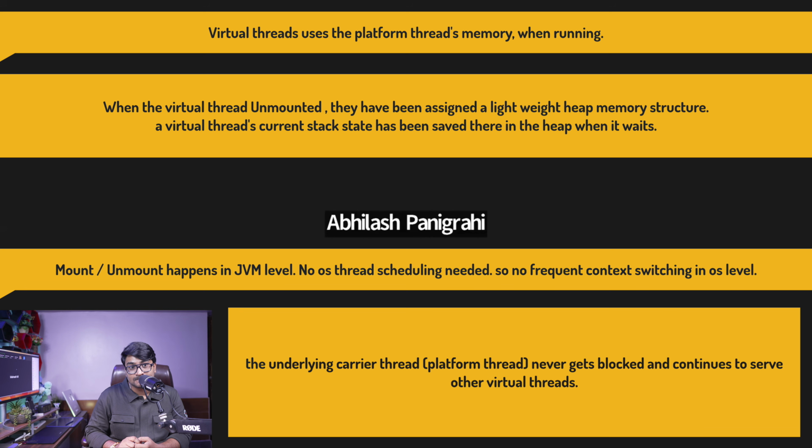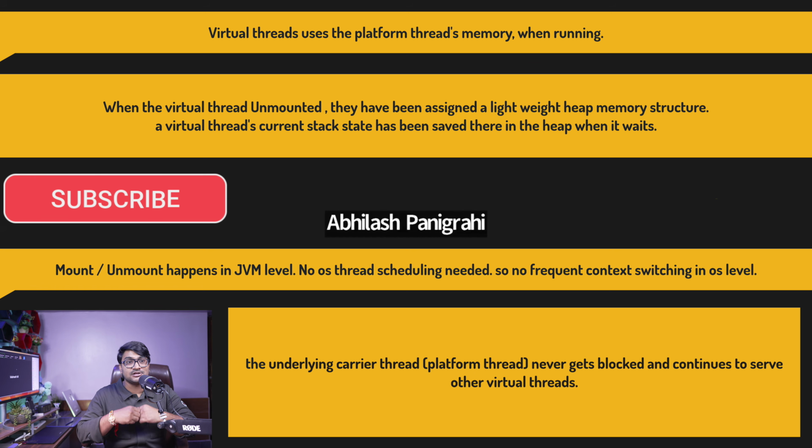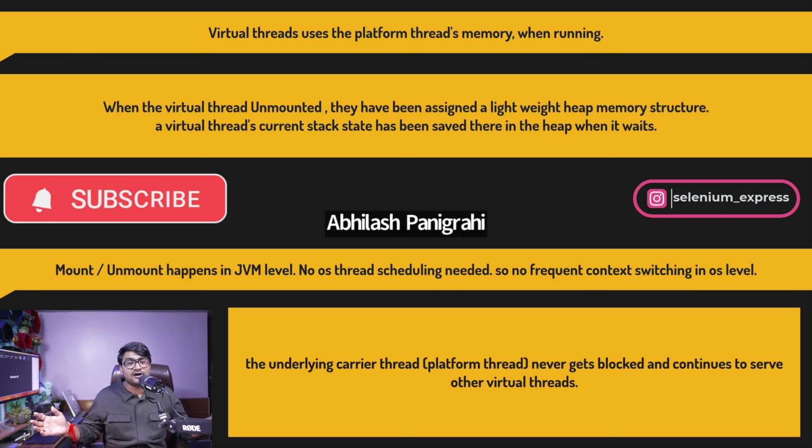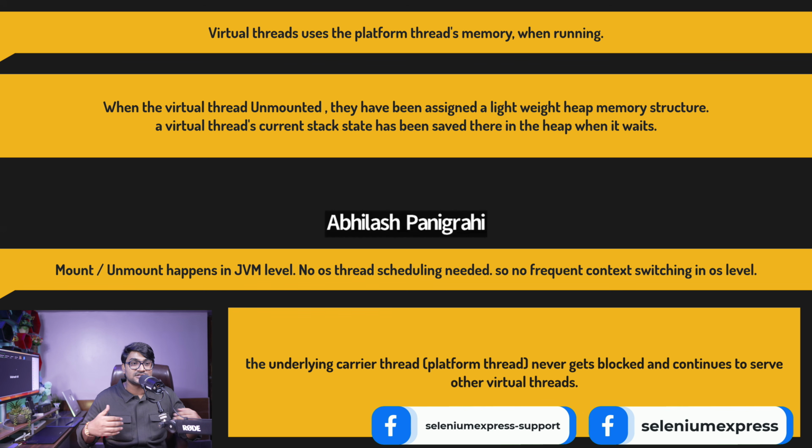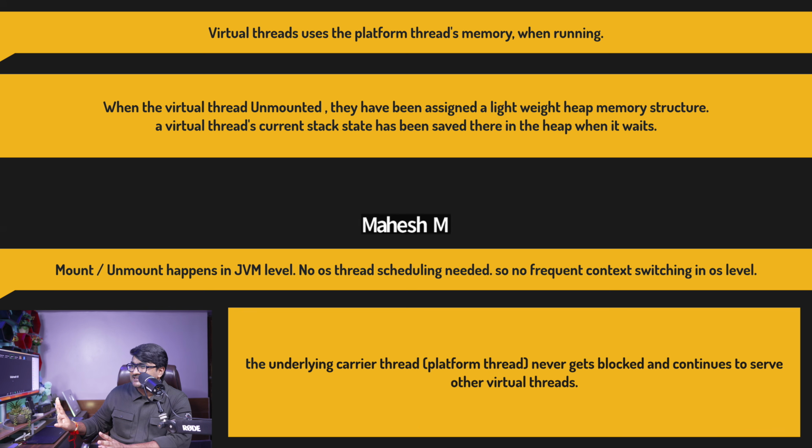That is one more advantage of virtual threads: on top of one carrier thread, you can create 1,000 virtual threads and just mount, unmount, mount, unmount. If blocking operations are going on, just unmount it. So it's just like a non-blocking IO call. Thanks, Abhilash. Whatever I said makes sense. Yes, Abhilash.